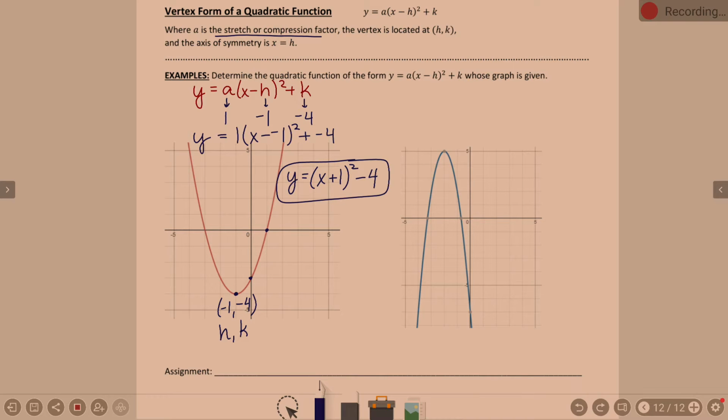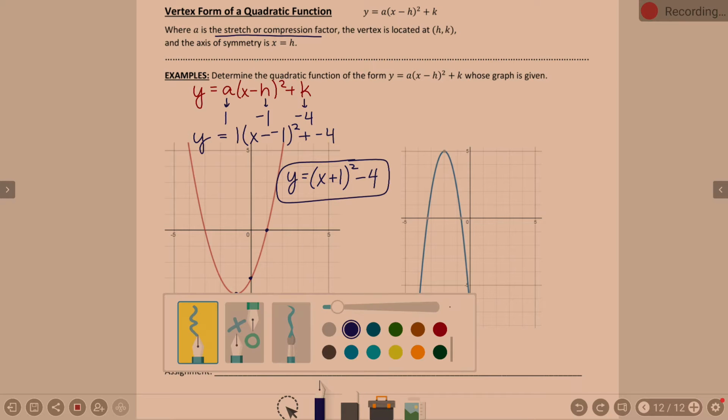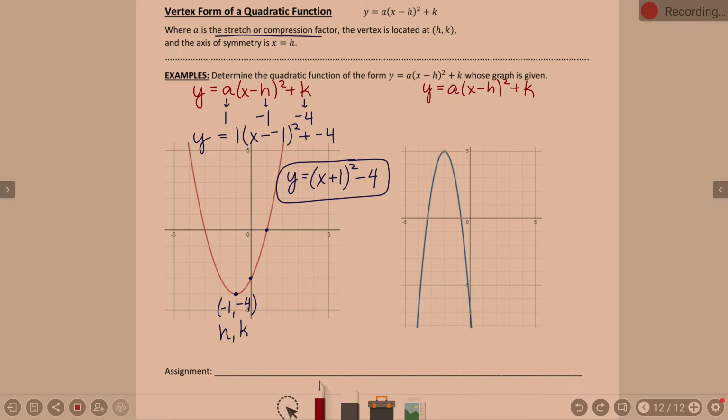Okay, let's look at our last example here. As I looked at the time, I shouldn't have looked at the time. So again, we're filling in y equals a times x minus h squared plus k. So, what can you tell me here?